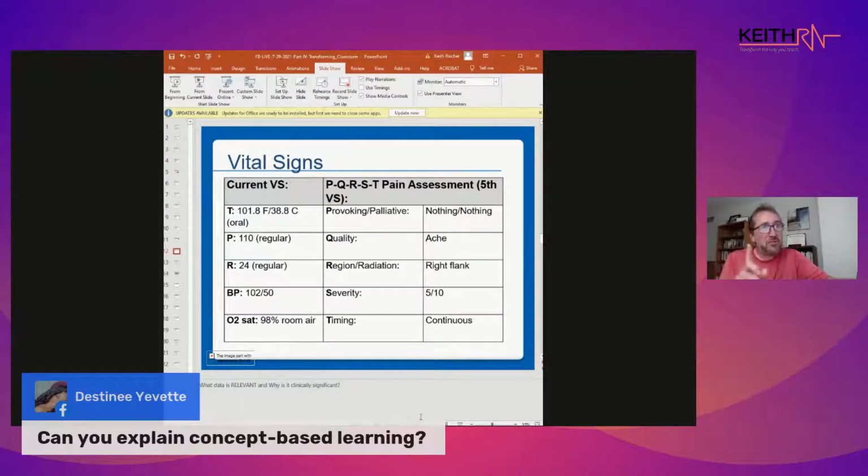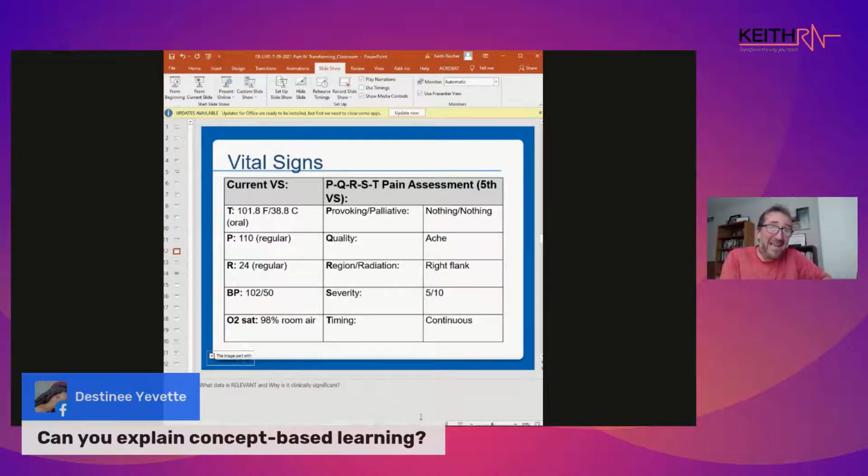Rate is 24, it's too high. Her blood pressure is soft at 102/50. 98%. She's okay with her sats for right now. But what about this right flank pain? We thought she had a UTI, that painful burning and frequency. What is the meaning of right flank pain? Well, if you know your urinary system, you know the bladder is here, the ureters are here, and your kidneys are here.